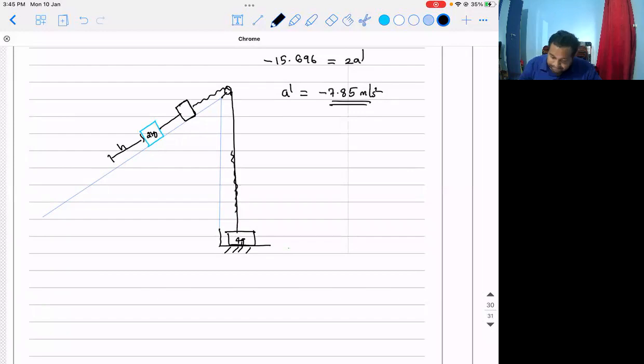This is slack. So the initial velocity is root of 7.84 h, and the acceleration is minus 7.85. Then this additional distance moved.